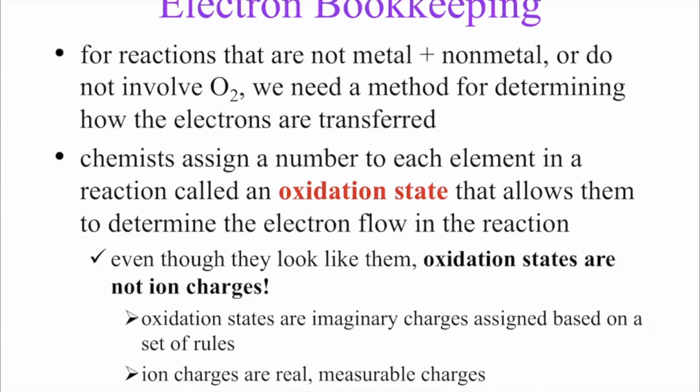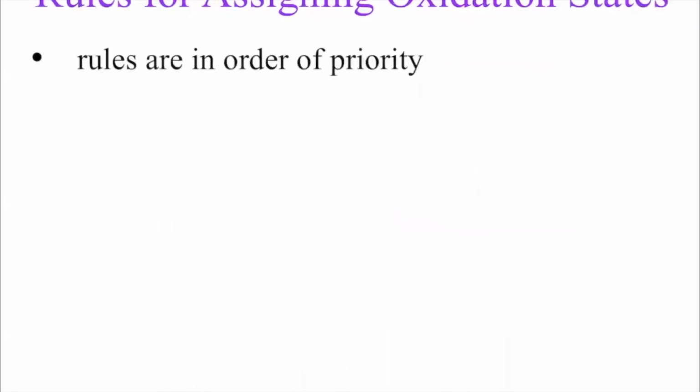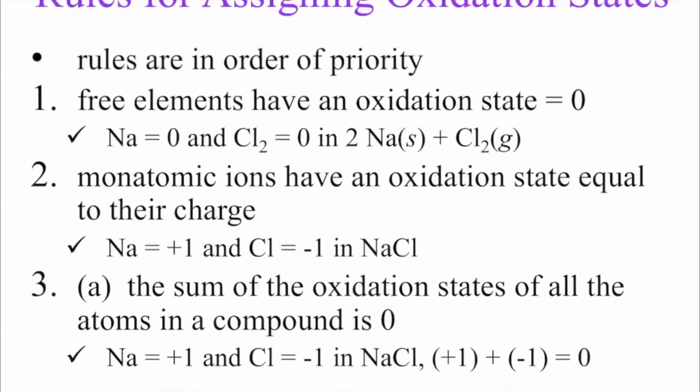Even though some of them are very obvious, sometimes you're going to have to do some math. You can't just make a general assumption because you're going to be mistaken. There are rules that we're going to follow when assigning oxidation states. For example, free elements, meaning elements by themselves, have an oxidation state of 0. That's why I was saying chlorine is 0. If it's by itself, it is 0.